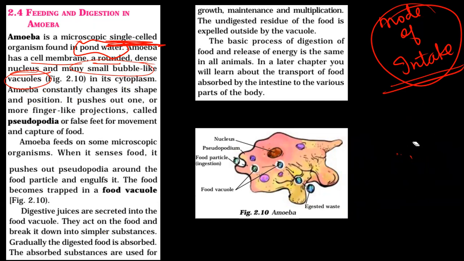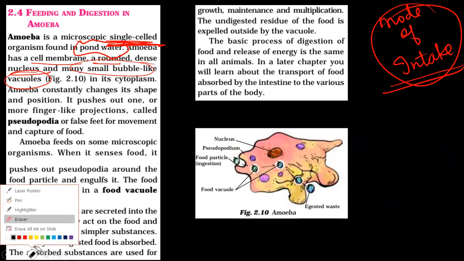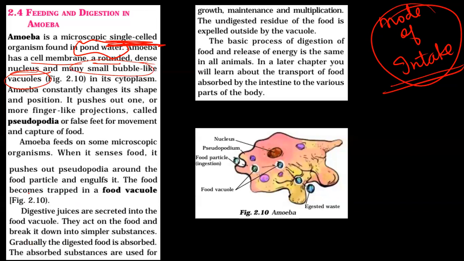So this has some features which help it acquire food. That is, it constantly changes its shape and position, so it pushes out one or more finger-like projections. In the small intestine, humans have villi, but those are projections. In this amoeba, the surface keeps pushing these out, depending on its position, shape, etc. It is moving and changing continuously, constantly.